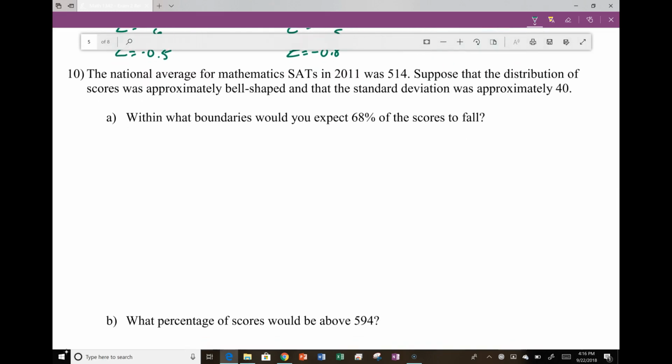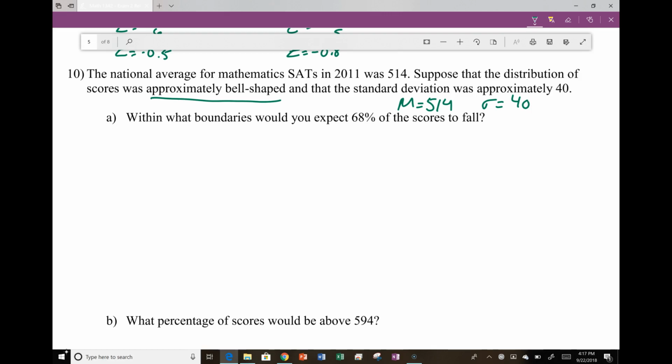Looking at number 10. The national average for mathematics SATs in 2011 was 514. Suppose that the distribution of scores was approximately bell-shaped with a standard deviation of 40. So we know that the mean is 514 and the standard deviation is 40.